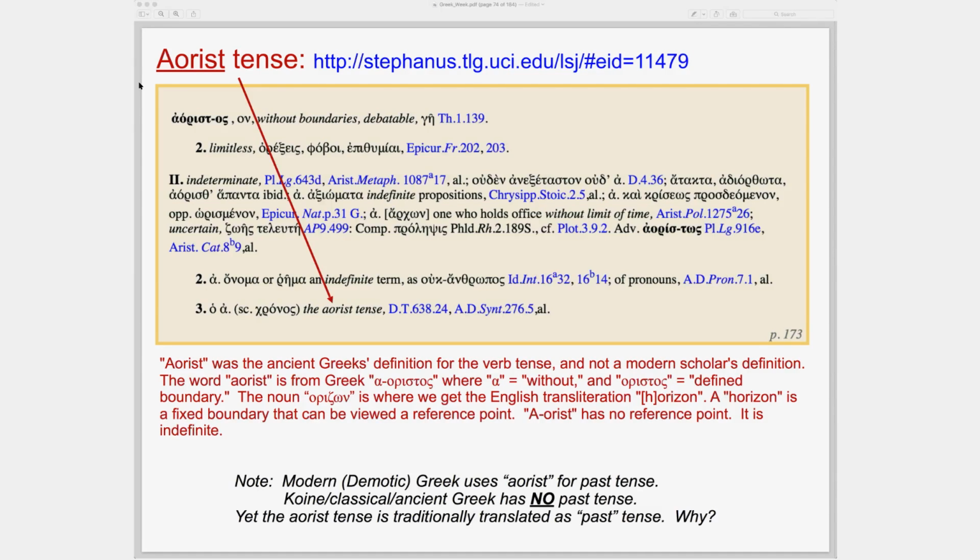So if I say, I play the piano, the perfect tense would be, I have played the piano. The fact that it's hard to say it in English, I have played the piano, implies past tense. And so you can actually conjugate the verb in the perfect tense, and it works.